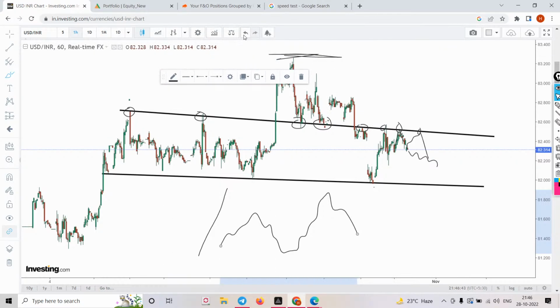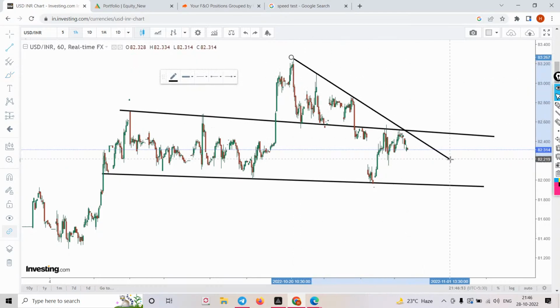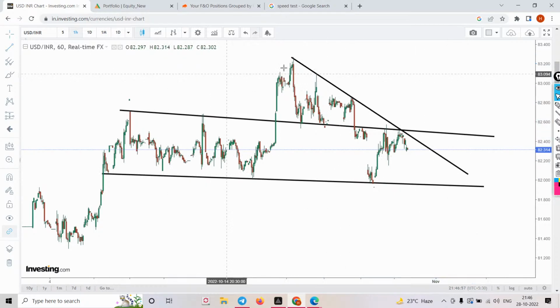Let me clear off all these things, and now I'll show you one more thing. Why I was so confident in USD INR saying that this might come down is, again, this is the price action. If I connect this line, check the beauty, right? There was a high, it made a high. This is a lower high. Again, this has made a lower high.